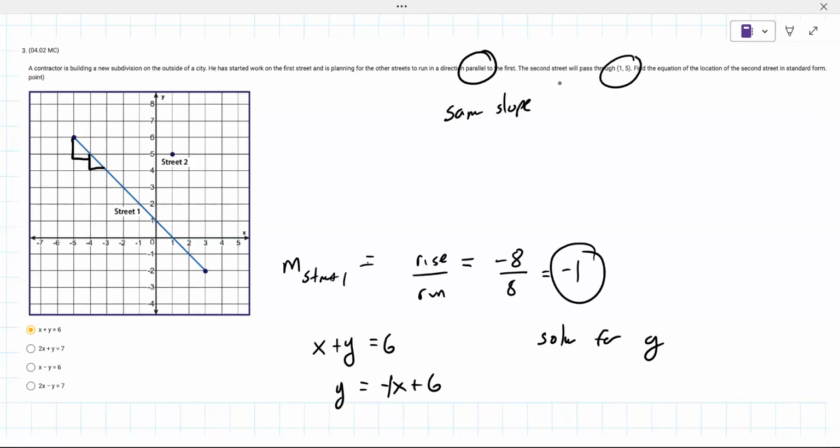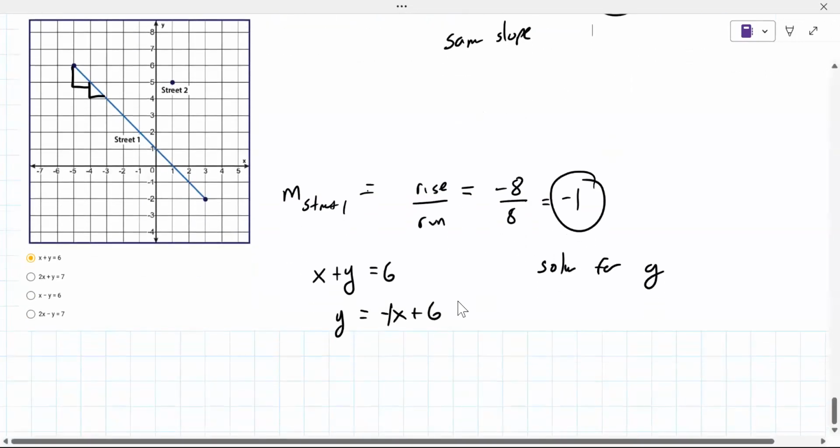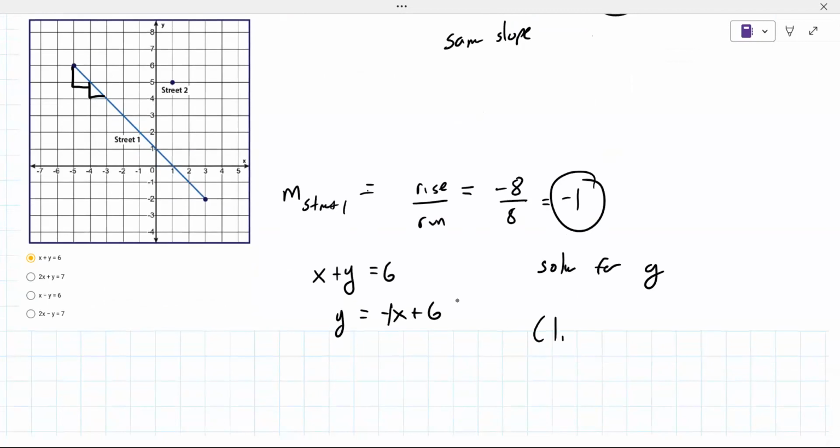Now, does it go through the point (1, 5)? When x is 1, is y 5? Does this work? With x as 1, -1 times 1... is this true?